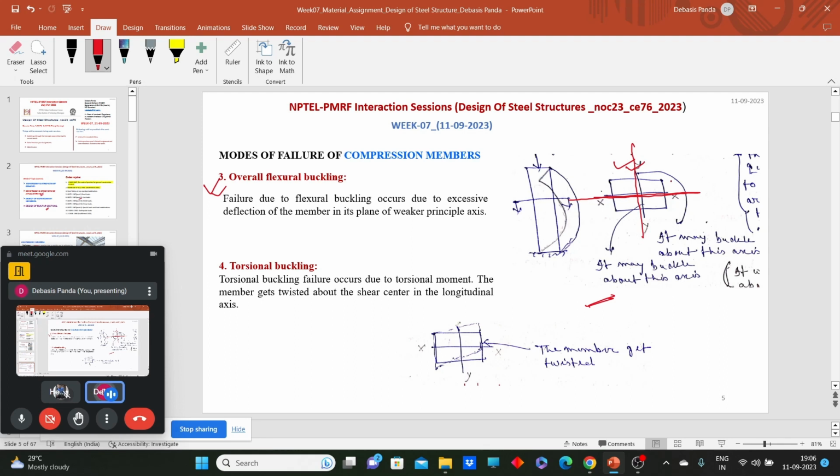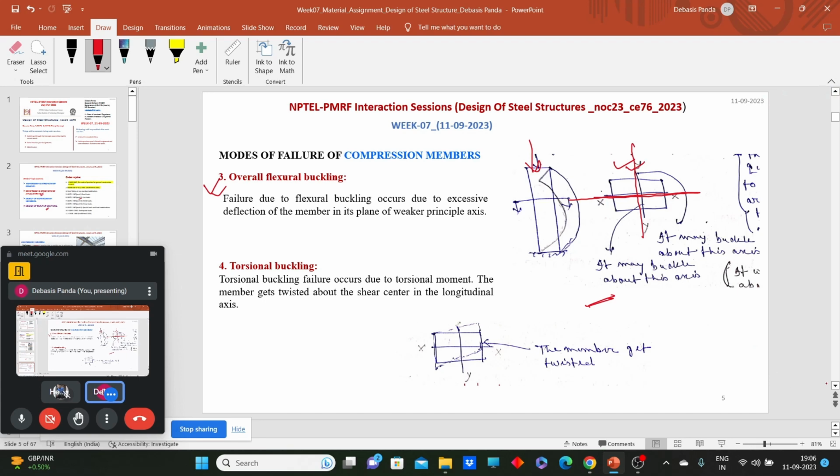That means we will have a minor axis or weaker axis, and about this weaker axis the column will buckle. Then we have torsional buckling. So mainly two modes of failure occur: first crushing or squashing, and second overall flexural buckling.